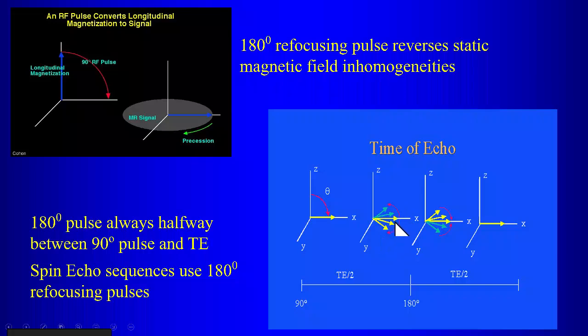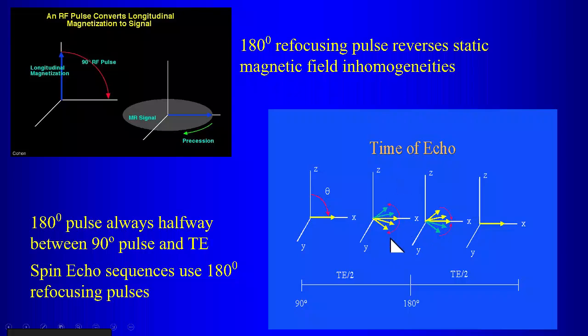So some of these protons get ahead in the transverse plane of these protons that lag behind. You can think of this as racers running around a racetrack. Some of these get ahead of the others that are behind. Well, if we apply a 180-degree pulse along this axis and flip these over to the other side, we flip the faster ones behind and the slower ones in front, as you see here after a 180-degree flip.